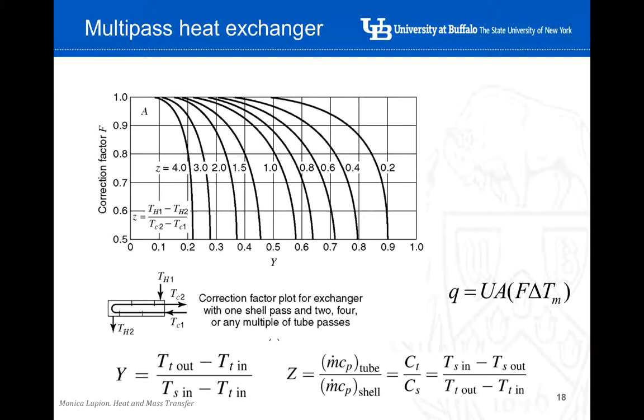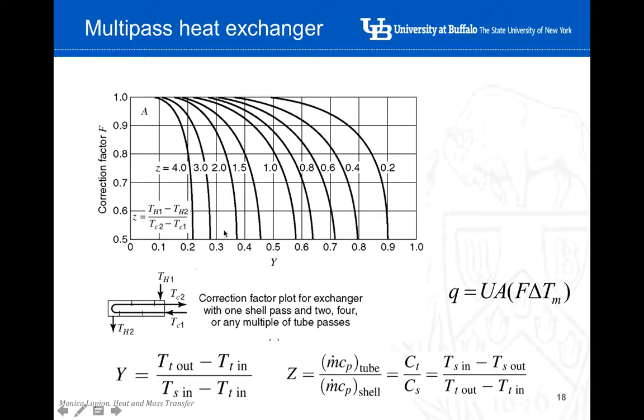In order to use these graphs here, you can see that we have to define two parameters, Y and Z. Y is defined as the temperature of the fluid going through the tube at the outlet minus the temperature of the fluid going through the tube at the inlet, over the temperature of the fluid going through the shell at the inlet minus the temperature of the fluid going through the tube at the inlet.